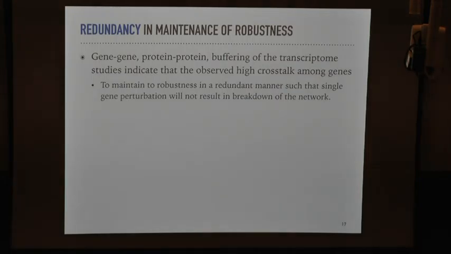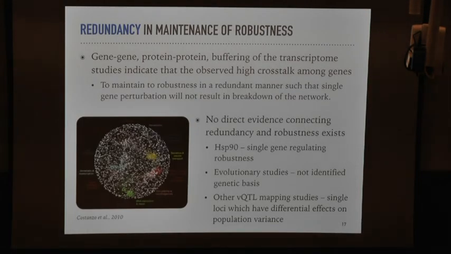One classical example, as I told you earlier, was HSP90, but there has been a problem in having just one example or one hub which regulates robustness, because robustness is a very important property for a population, and it's very unlikely there would be just one.